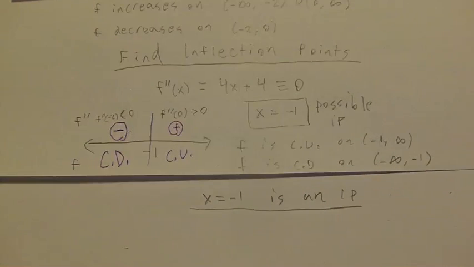You have to check this. We're going to look at an example next where you will have something that is potentially not an inflection point. All right, let's look at something like this: 1/4 x to the 4th minus x. This is an interesting example, okay?